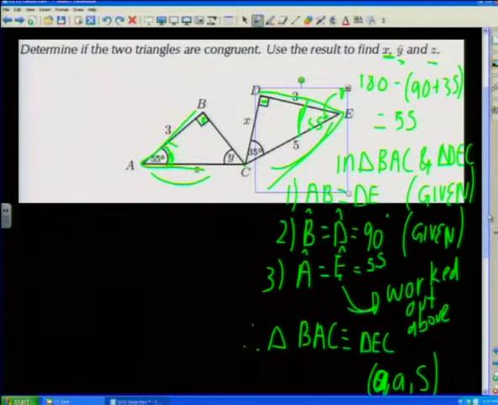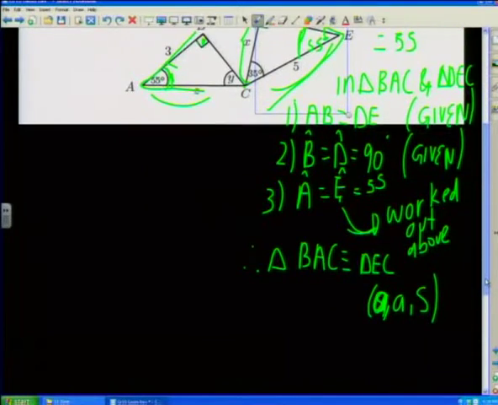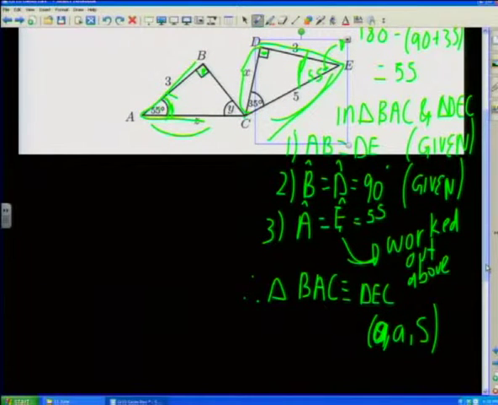Now that we've proved that those two are congruent, they say use the result to find x, y, and z. Now x is an unknown side in triangle DCE, and we know that angle D is 90 degrees.